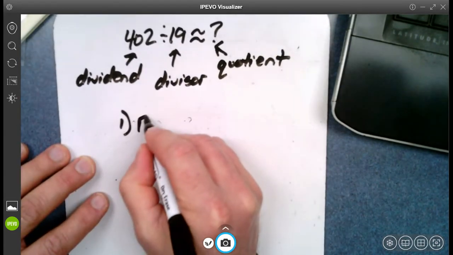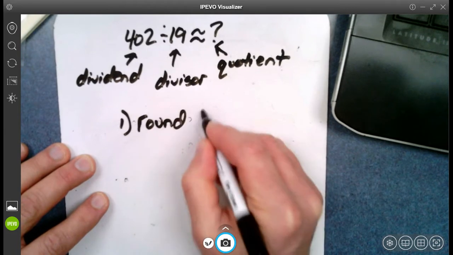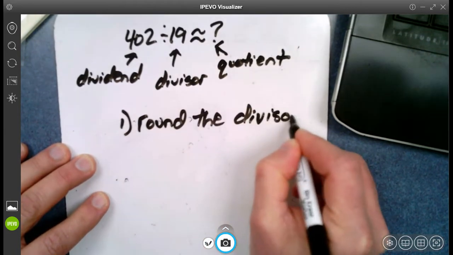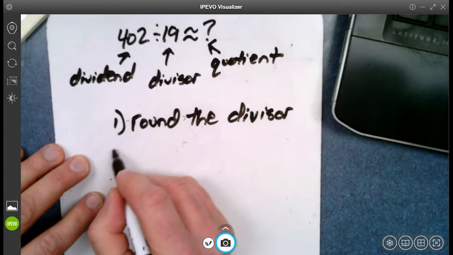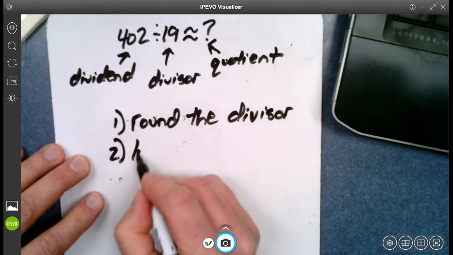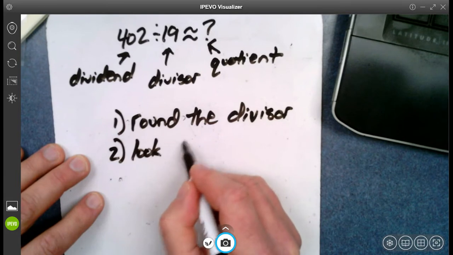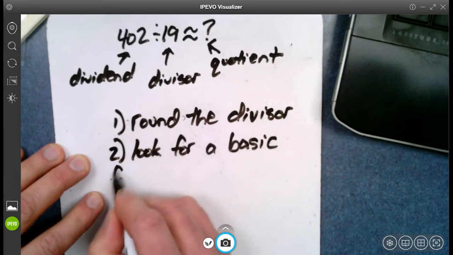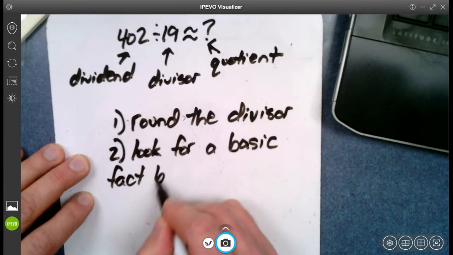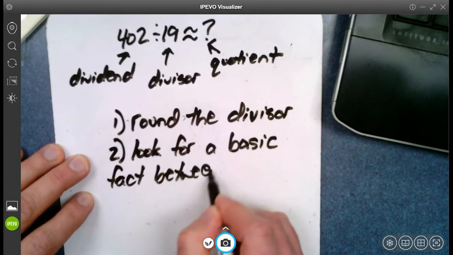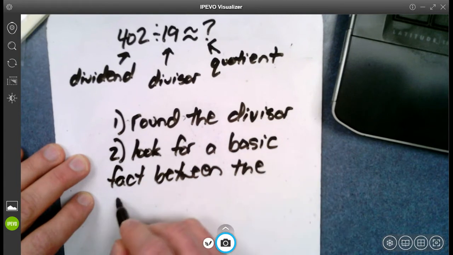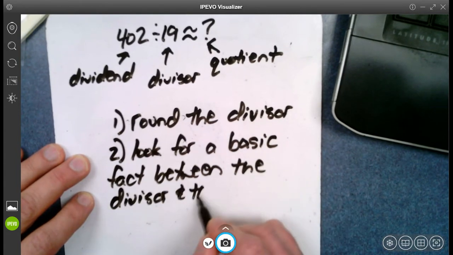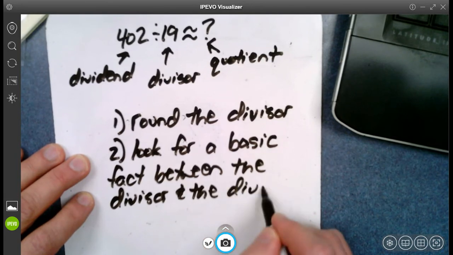So the first thing I'm going to do is I round the divisor. Okay, I round the divisor. Then what I do is I look for a basic fact between the divisor and the dividend.